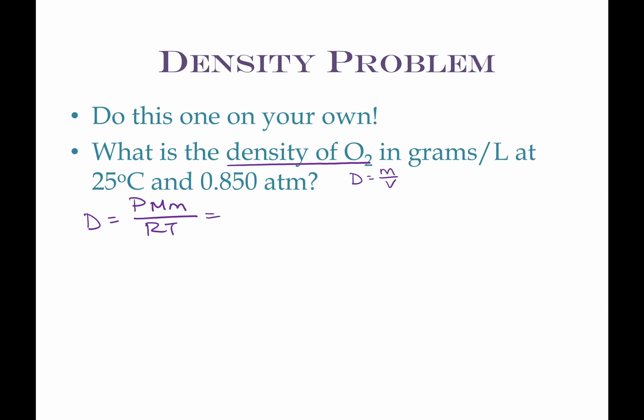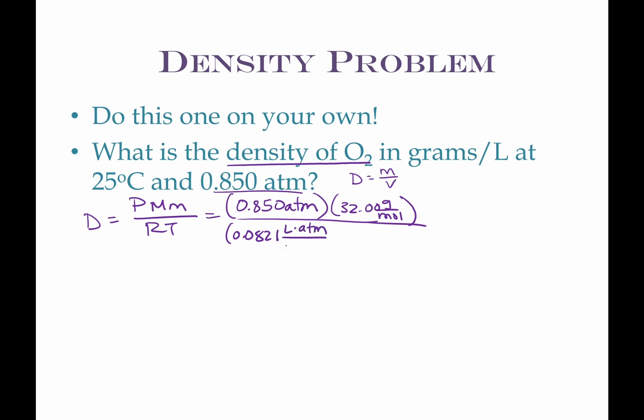So we have pressure, 0.850 atmospheres, and the molar mass of oxygen is 32 grams per mole. R, 0.0821 liters times atmospheres over mole times Kelvin. And T, in this case, is 25 degrees Celsius. So 25 plus 273 is 298 Kelvin.